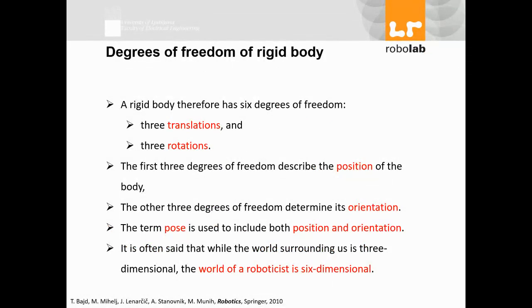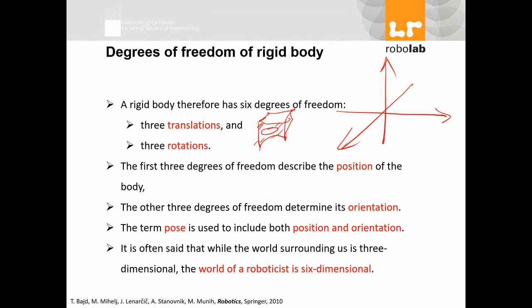So a rigid body has 6 degrees of freedom. 3 translational, meaning linear, just for the position, and 3 rotational. So if I have an asymmetric shape, something like that, which is not symmetrical, okay?